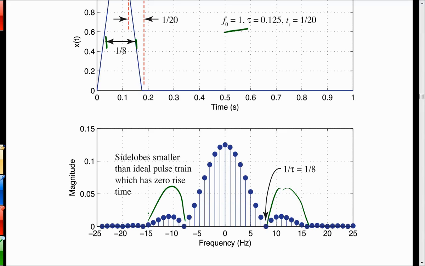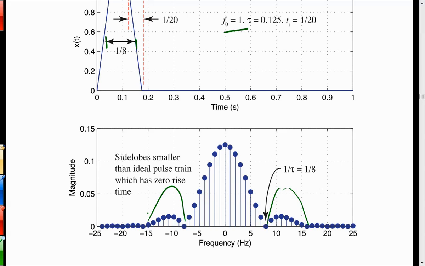Things happen quickly, lots of harmonics are generated, lots of high frequency content. Things happen more slowly, and it's more constrained. The limit would be like a sinusoid. A sinusoid just goes smoothly, and it only has a single spectral line, right at its fundamental. It has nothing else around it.